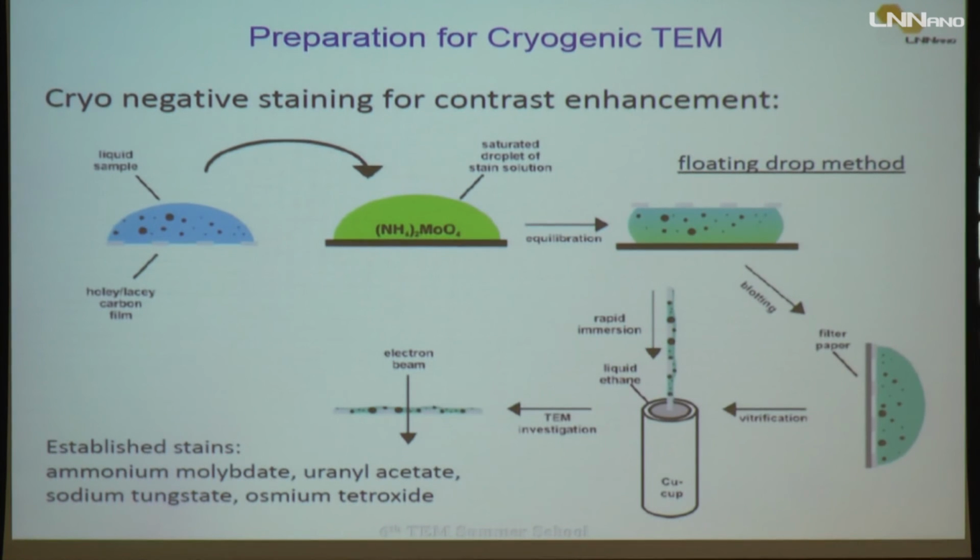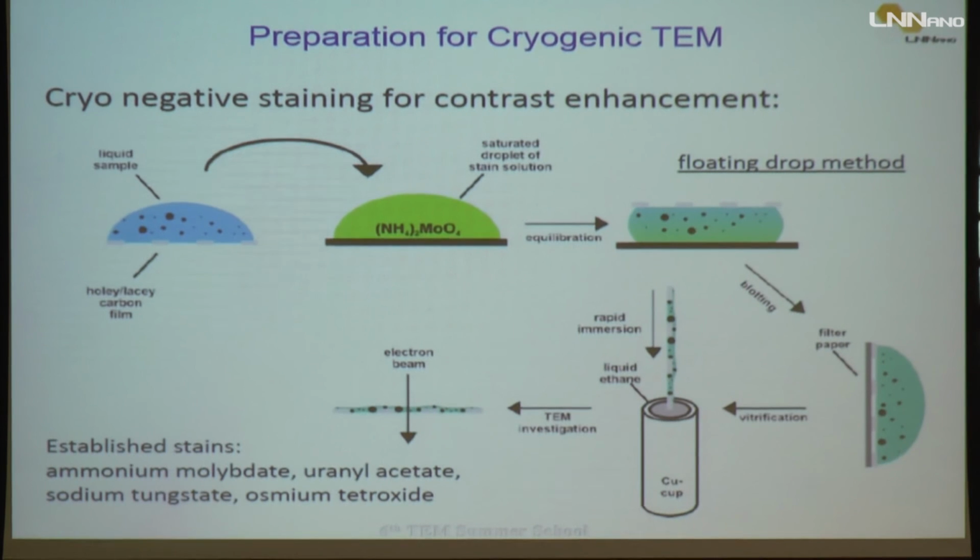Here is another possibility. If you want to stain your specimen in cryogenic situation, you simply get a drop of your suspension and put it in a staining solution, okay?